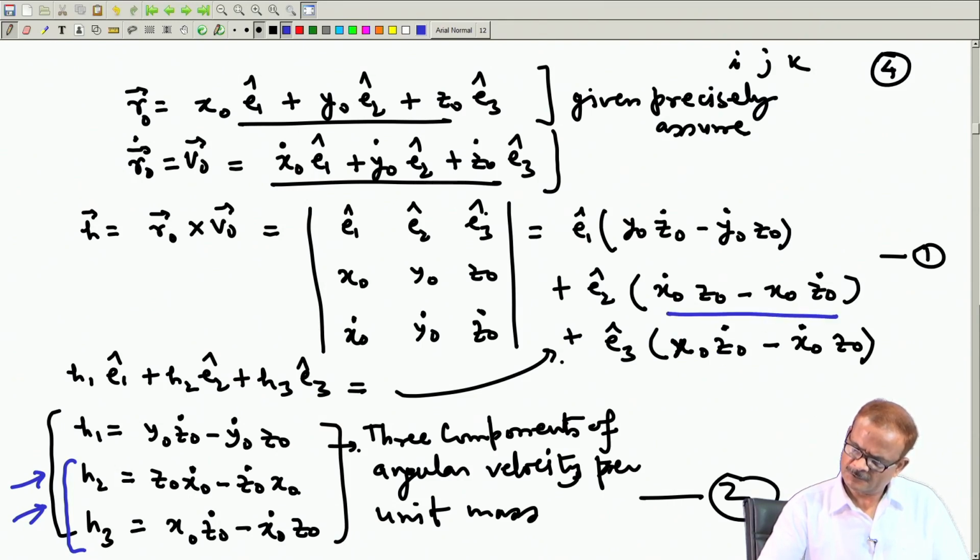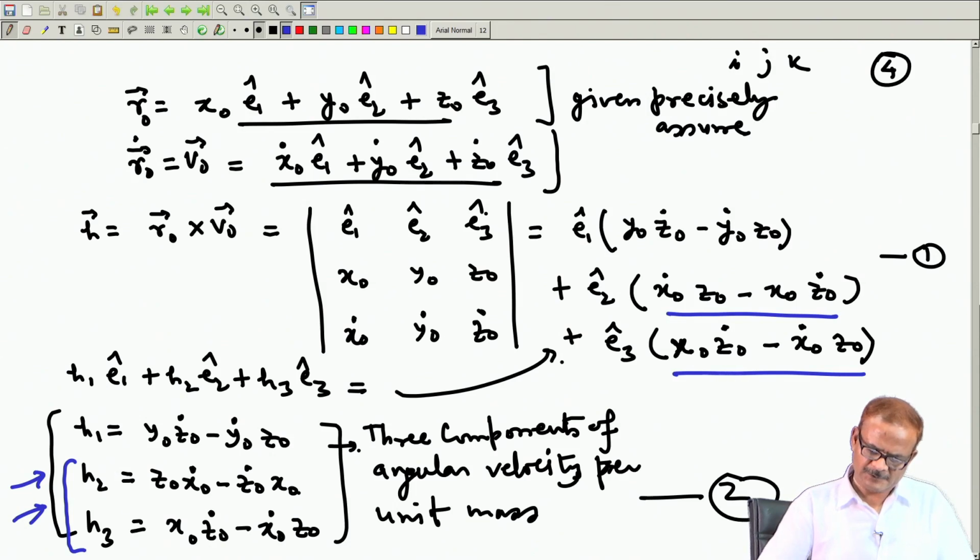Here the same thing has got repeated. See the mistake we have done here. E2 is x 0 z 0 dot, this is fine, and here E3 is x 0 y 0 dot, this is y 0 dot. So, we have to correct it, x dot 0 y 0.